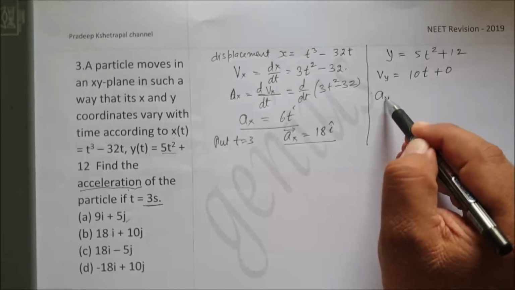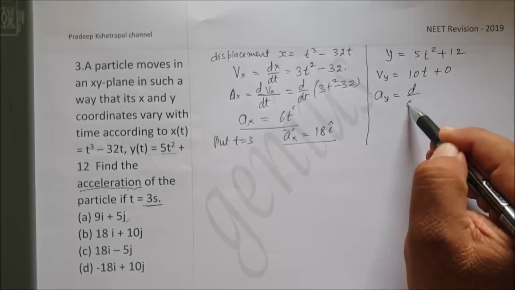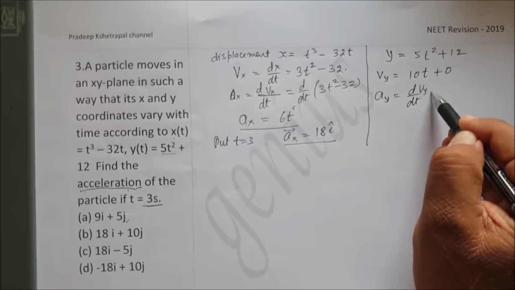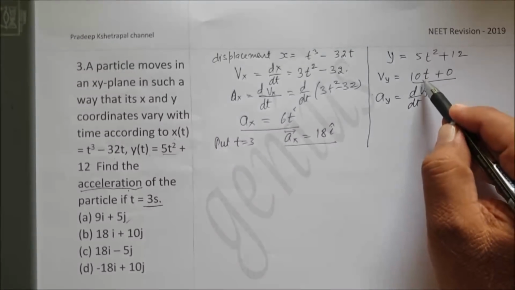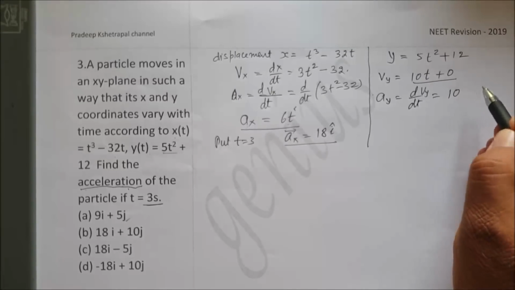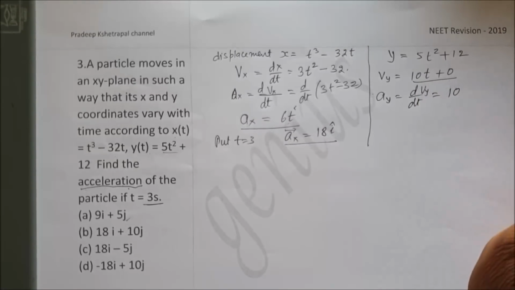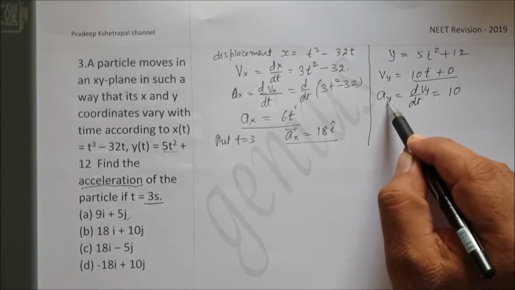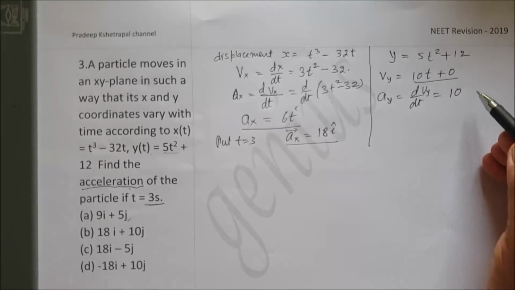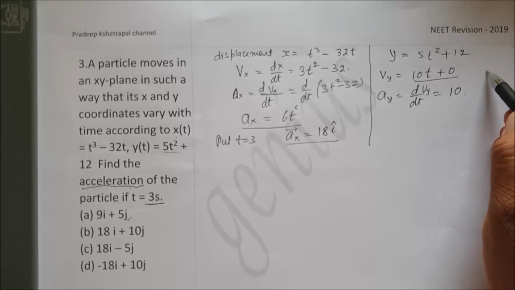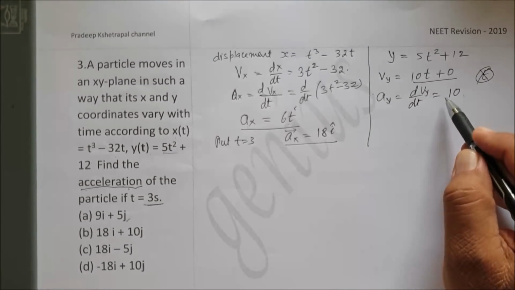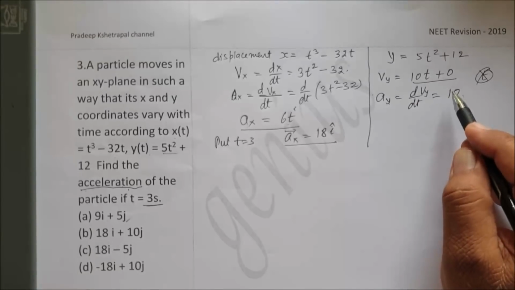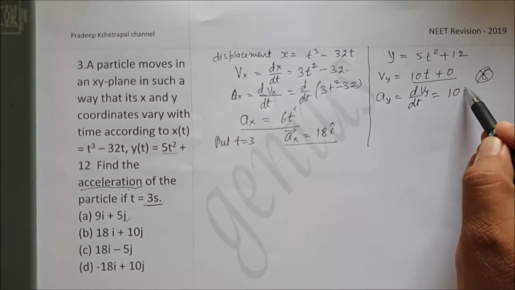And what is the acceleration in y direction? That is d by dt of velocity. So we differentiate it. When we differentiate it, it comes to be only 10. 10 into 1 plus 0. So this is 10. So acceleration in y direction is 10 because there is no t here. T is not there. Therefore, it is not a variable quantity. It does not change every second. It is a constant. Okay.